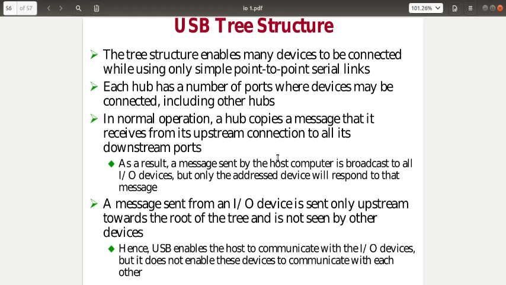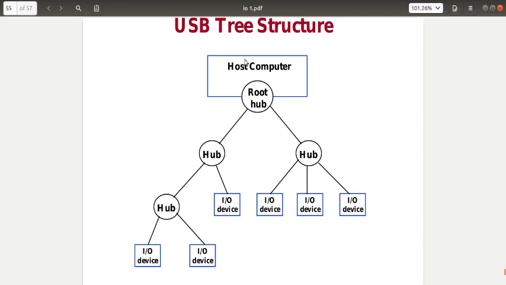Any information coming from the host computer goes to all the devices, and only the required device will take the data. But the other way around, when a specific device communicates, it won't broadcast, it will just communicate upstream, that is, through the host only.